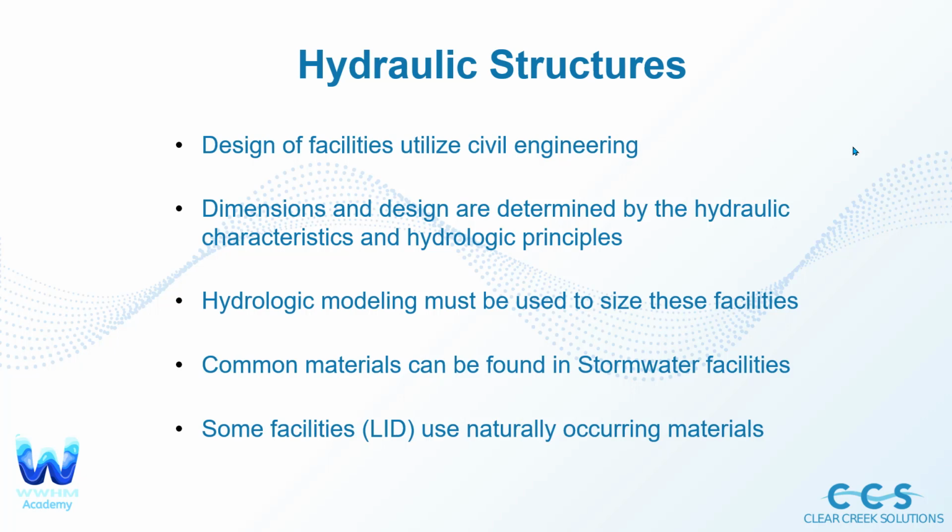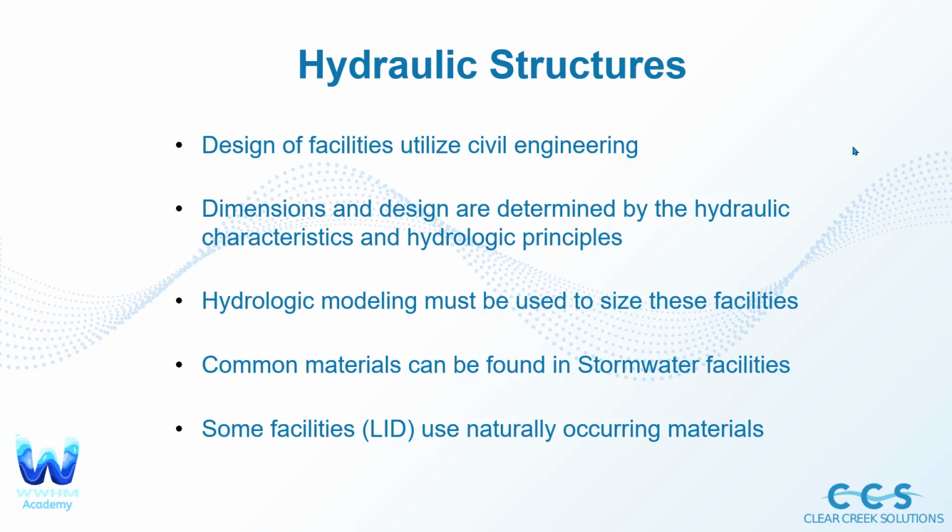Hydrologic modeling must be used to size some of these facilities. So with a software package like WWHM 2012, there are elements in these software packages that get certain inflow data, and then we're able to model these facilities and then contain the stormwater or serve whatever function we need to do. So common engineering materials can be found in these stormwater facilities, and some facilities, such as low impact design, use naturally occurring materials.